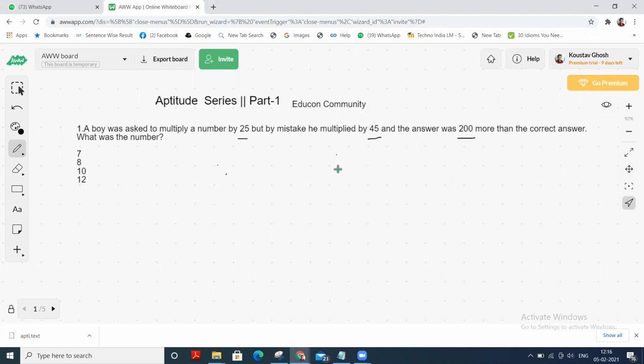Okay, so as he multiplied by 45, he multiplied how much increasing value, that is 45 minus 25 equals 20. As he increased the value, 25 is the original, but he multiplied by 45, so he increased 20 times the number, so the answer is 200 more.